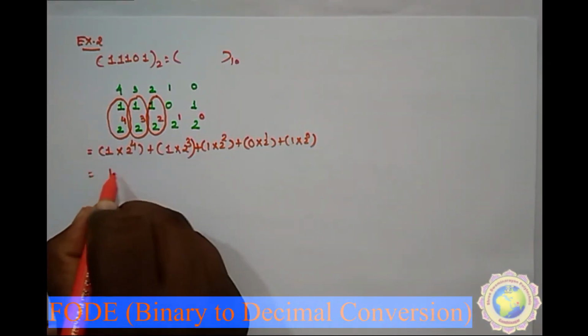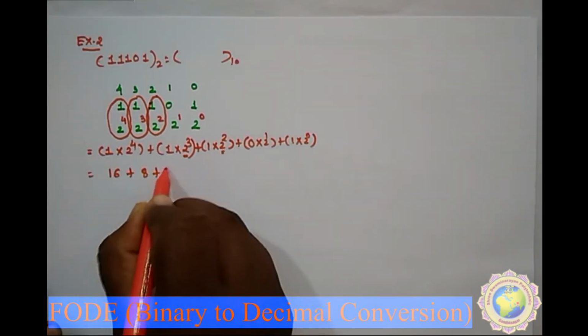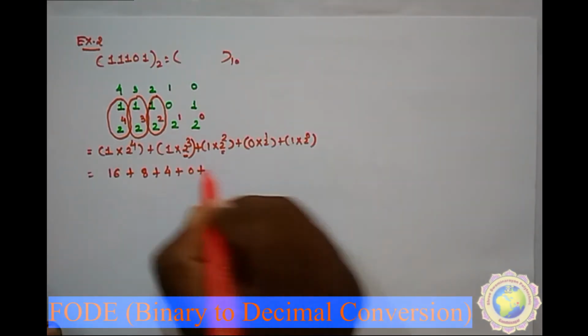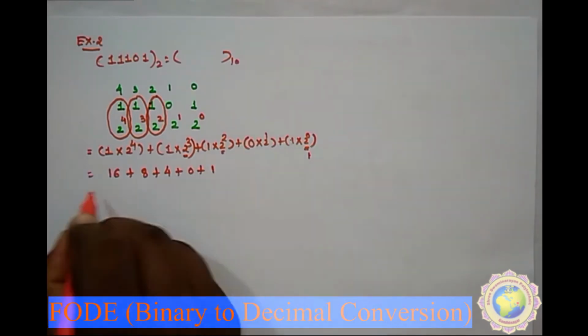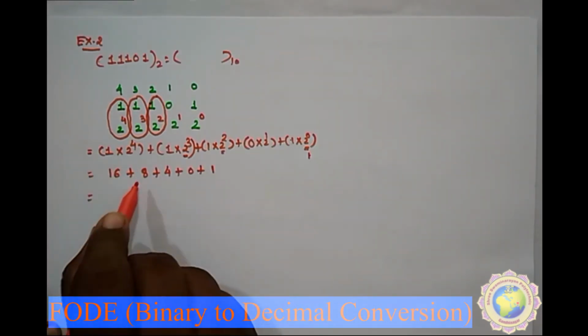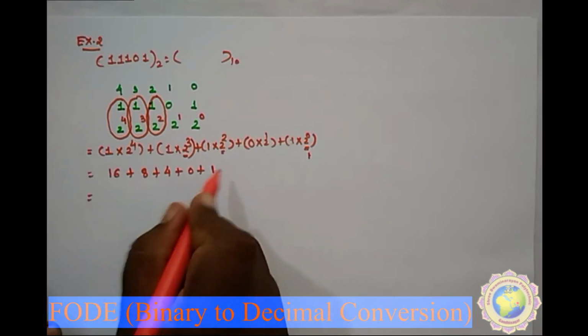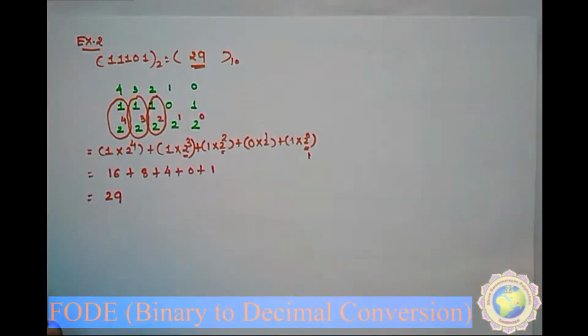So 2 raised to 4 is 16, 2 raised to 3 is 8, 2 raised to 2 is 4, 2 raised to 1 is 2. 2 into 0 is 0. 2 raised to 0 is 1. So 1 into 1 is 1. So 16 plus 8 is 24, 24 plus 4 is 28, and plus 1 is 29. So our answer is 29.